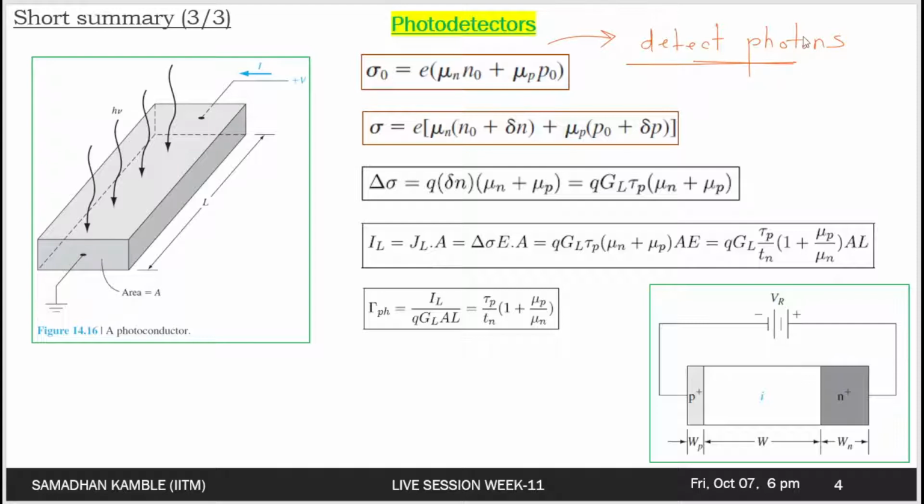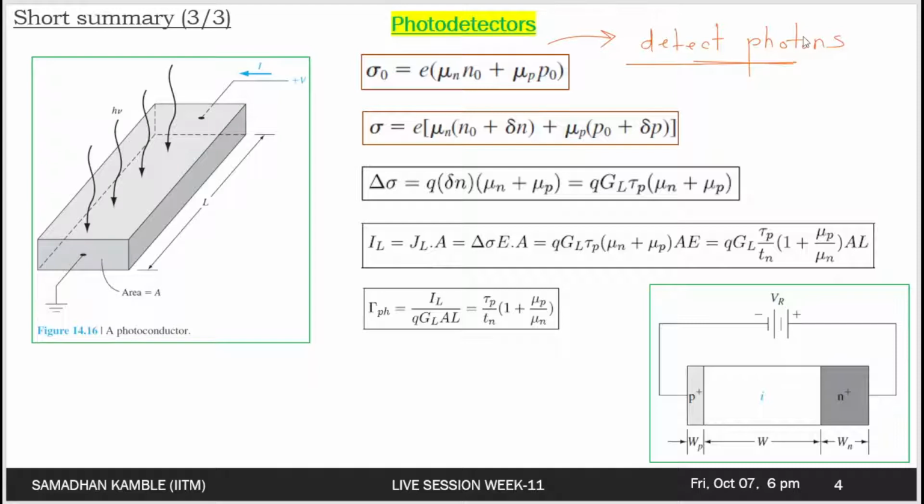Okay, so these devices are photo detectors. What they do is they convert optical signals into electrical signals, obviously. When excess electrons and holes are generated in a semiconductor, there is an increase in the conductivity of the material, and this change in conductivity is the basis of the photoconductor principle and perhaps the simplest type of photodetector.